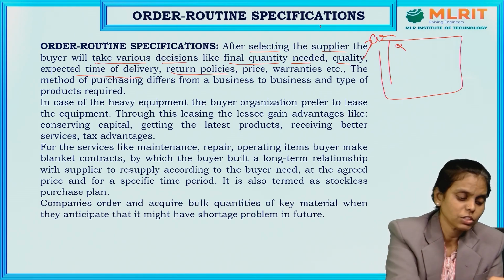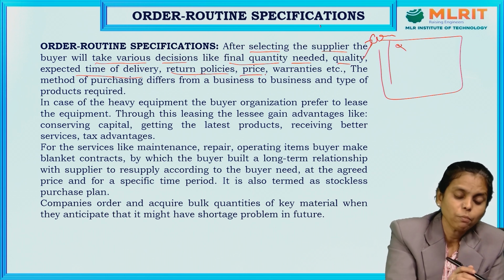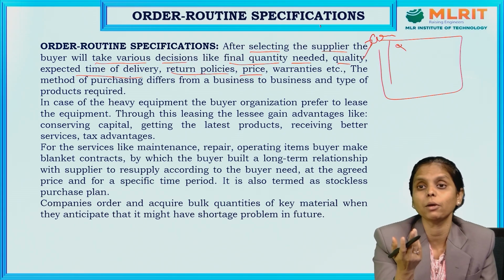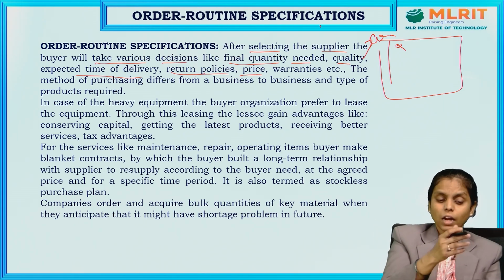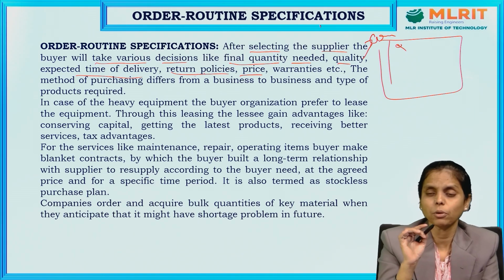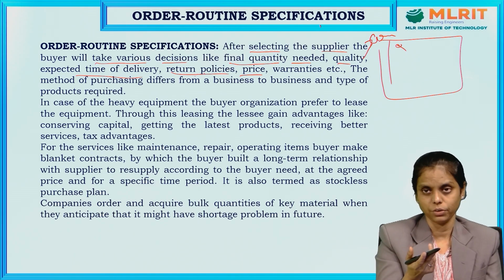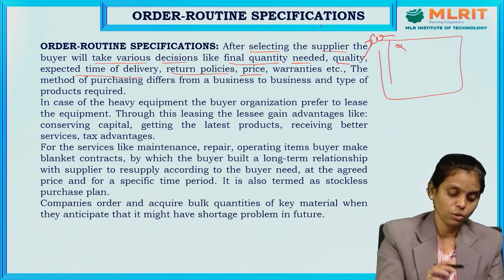All such elements will be decided under routine policies. And what is the price? At what price are you going to supply now and in the future? We have made an agreement for 1 year. In that case, is the person going to sell the product throughout the agreement period at the same price, or will there be changes according to the market? Everything should be clearly specified in this document.